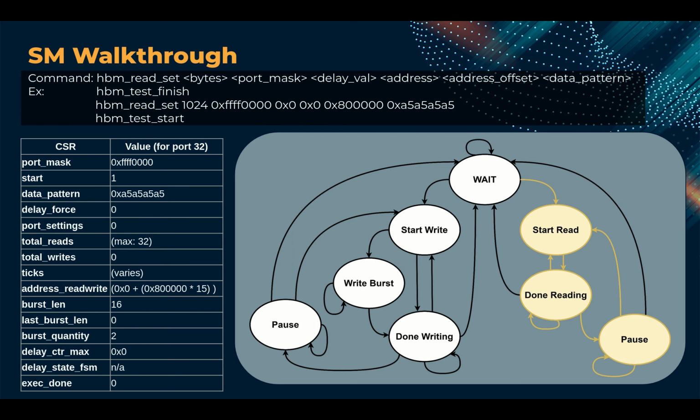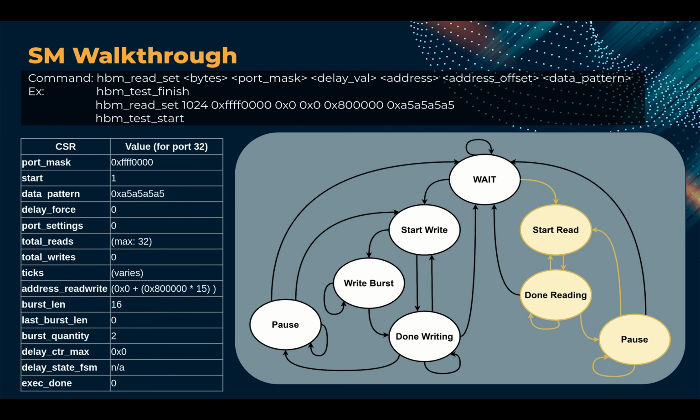This is the HBM read set command. This initializes the settings for ports to perform a continuous read. All of the arguments are the same as in HBM write set, except that there is no data pattern. The CSR register port settings is set to 0, which is the read setting.